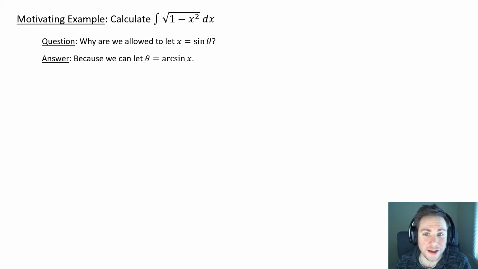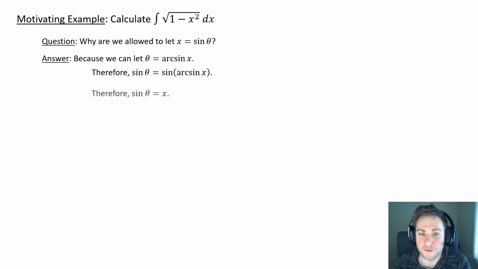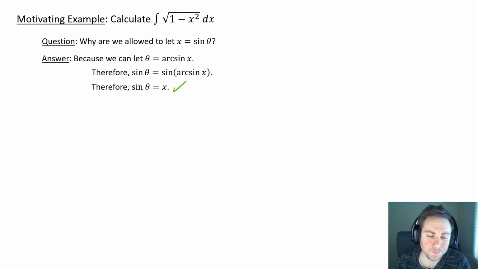And if we did that, then if you applied sine to both sides, you'd get sine of theta equals sine of arcsine x, which after canceling inverse trig functions, shows us that sine of theta is equal to x. So in summary, replacing x by sine of theta really is a valid assumption as long as we define theta as arcsine of x.